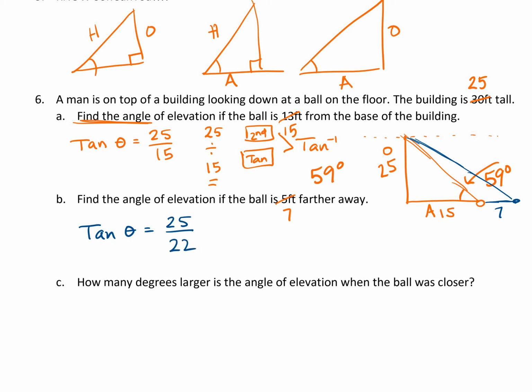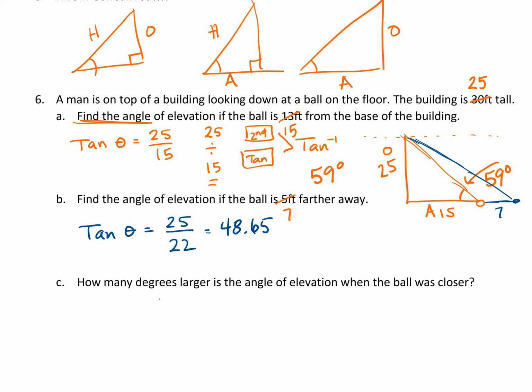All right, so now calculator, 25 divided by 22 equals, second tan, and we've got 48.65. It would be better if I had left all these numbers in the calculator, but let's just go with this. This was 59.0 something. So how many degrees larger is the angle of elevation when the ball was closer?